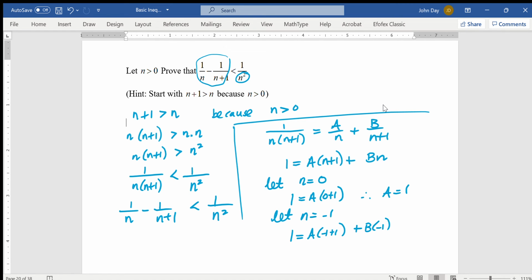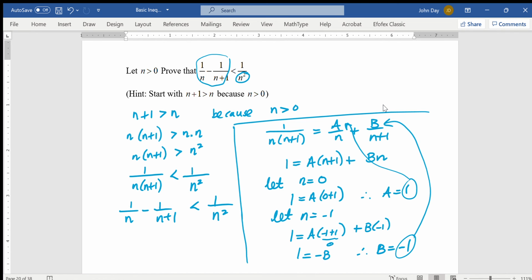So we've got that there is 0, so we've got 1 equals minus b, therefore b equals minus 1. So we could go back up here and slot that in there, and slot that in there, and we get 1 over n minus 1 over n plus 1. So if you couldn't see that, you could work it out.